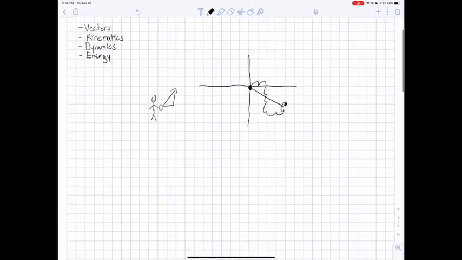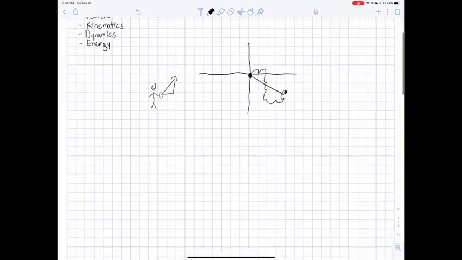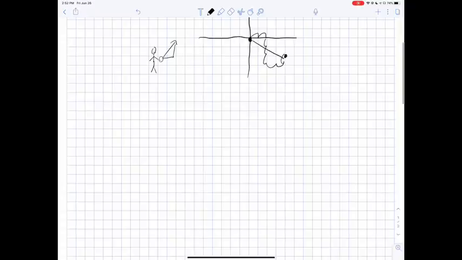Now, the next topic, kinematics, has to deal with motion of objects. So the equation you may have seen would be speed is equal to distance over time, right?